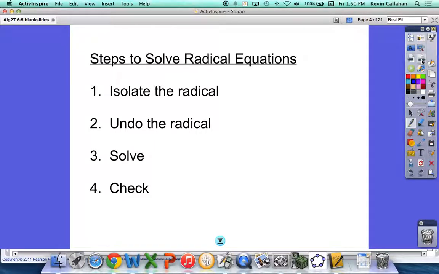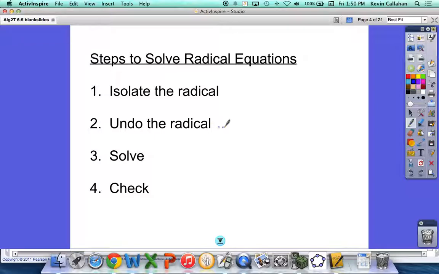The basic steps for solving radical equations are these. And if they seem kind of familiar, it's because it's almost identical to what we do for absolute value. You isolate, then you undo, right? For an absolute value, that meant either breaking it into 2 different equations or inequalities or a 3-part inequality.